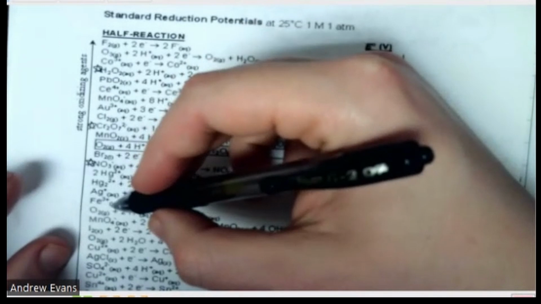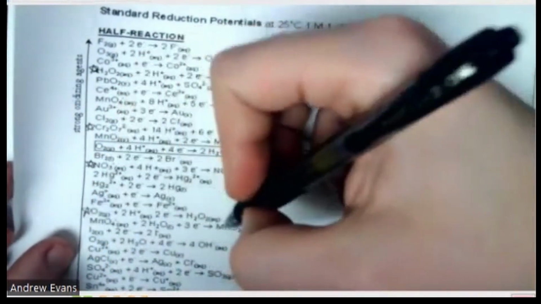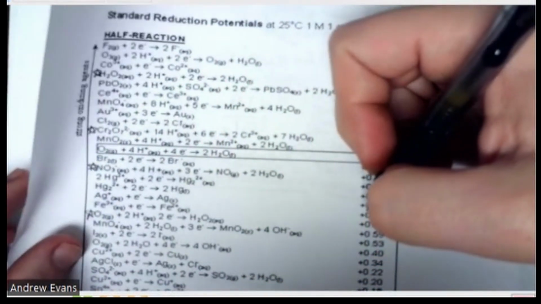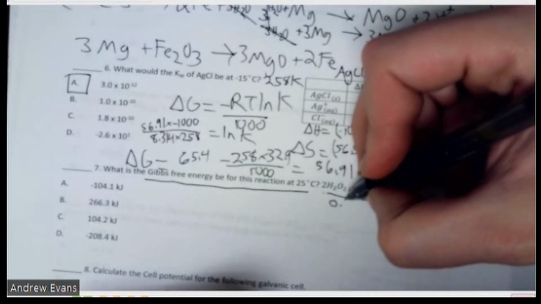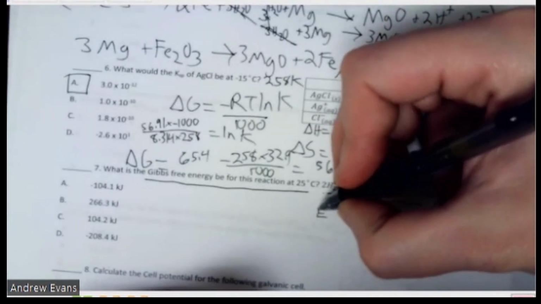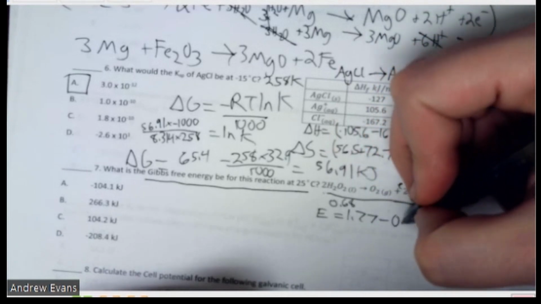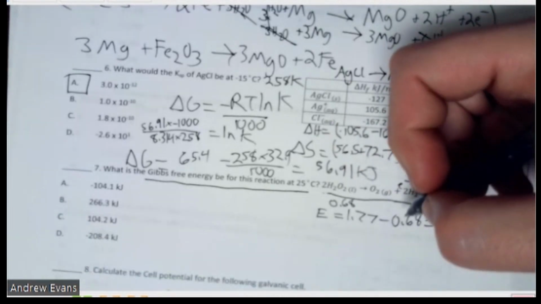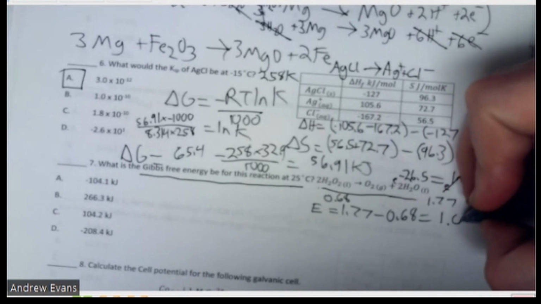The other guy, oxygen goes to peroxide, 0.68. So E cell is going to be 1.77 minus 0.68. Give us 1.09.